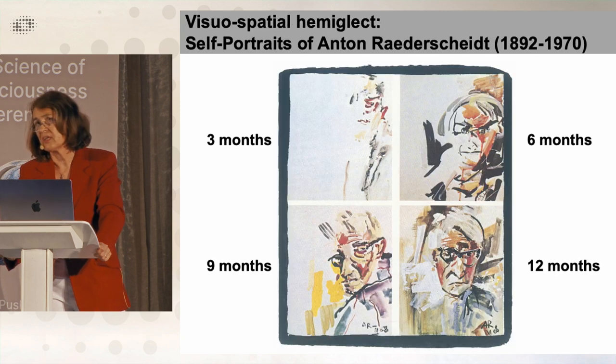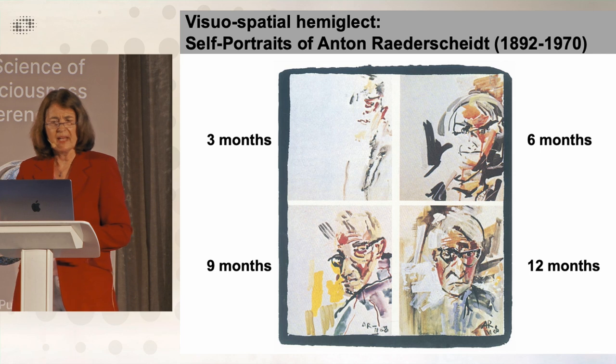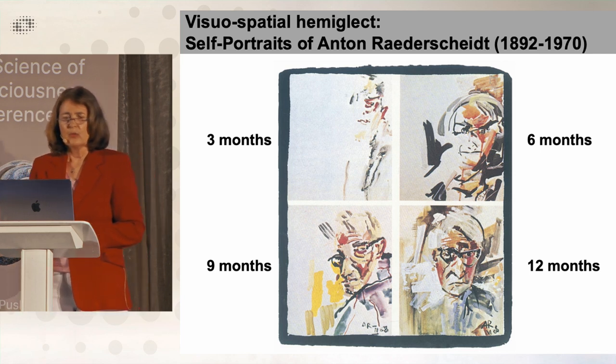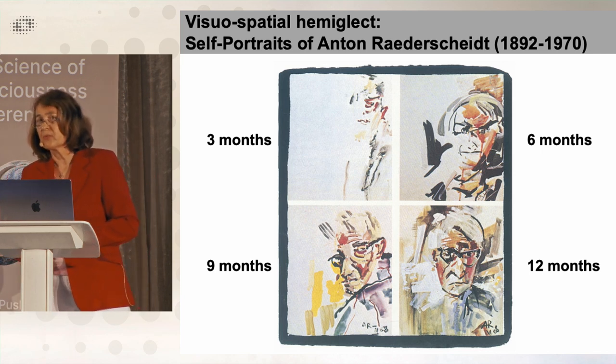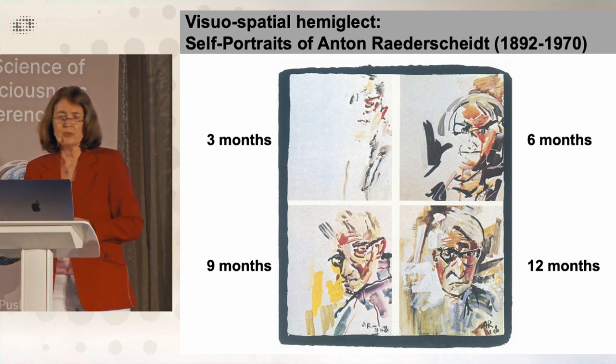And that is shown here, I think, in one of the most dramatic ways that it can be captured. Here, a painter, Anton Räderscheidt, who had a stroke to his right parietal cortex, was encouraged to draw these self-portraits at regular intervals after his stroke.